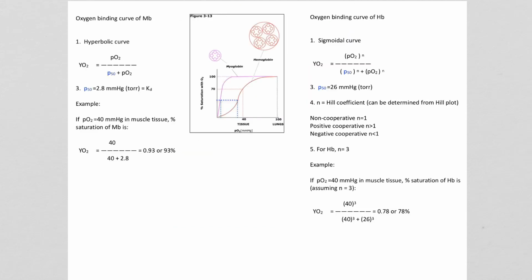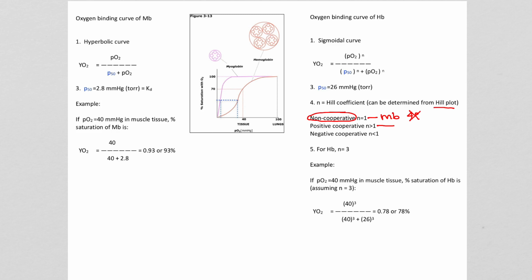From the Hill plot for myoglobin, we get a value of n equals 1, which means myoglobin doesn't show any cooperative effect. Basically, myoglobin is a non-cooperative protein, and that makes sense because it doesn't have a quaternary structure. There is no quaternary structure.